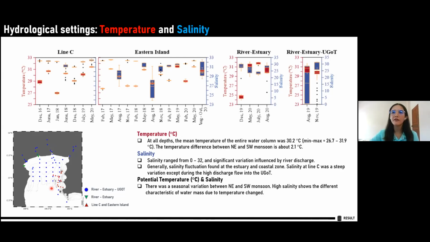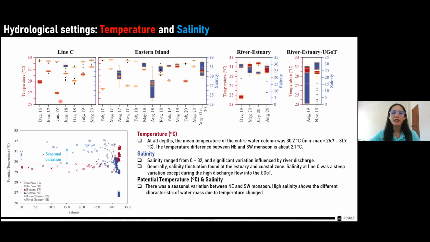Generally, salinity fluctuation is found at the estuary and coastal zone. Salinity at the Lysi shows quite steep variation, expected during high discharge into the Upper Gulf of Thailand, and the potential temperature related to salinity shows a seasonal variation between the northeast monsoon and southwest monsoon. High salinity shows the different characteristics of a water mass due to temperature changes in this area.